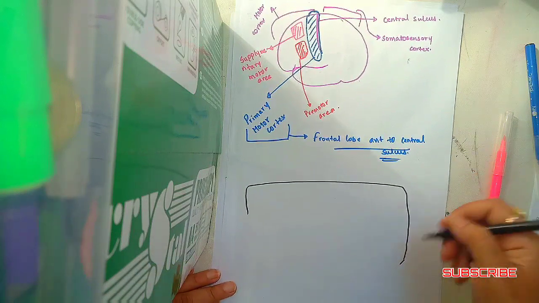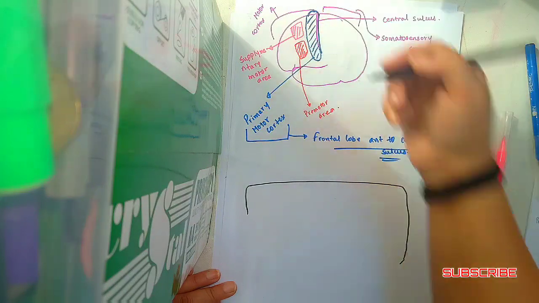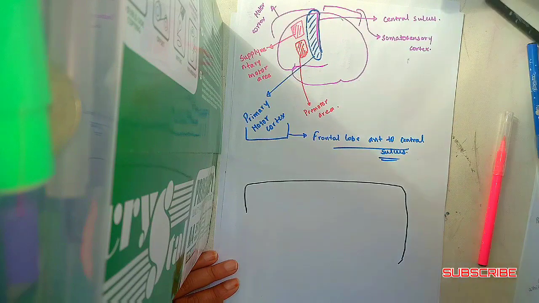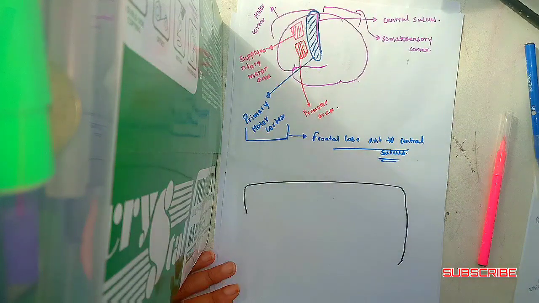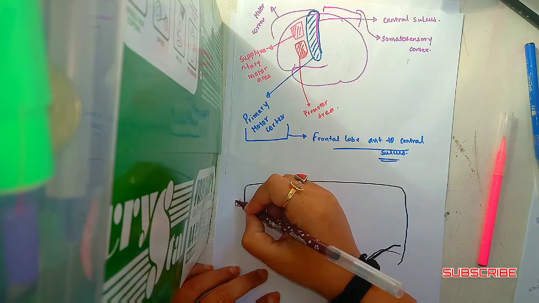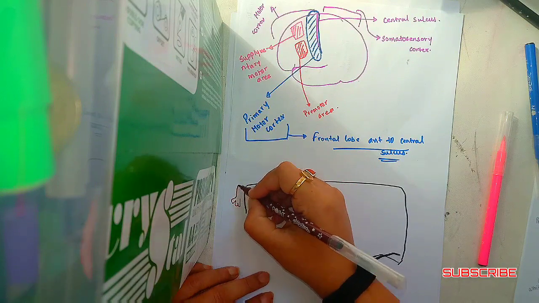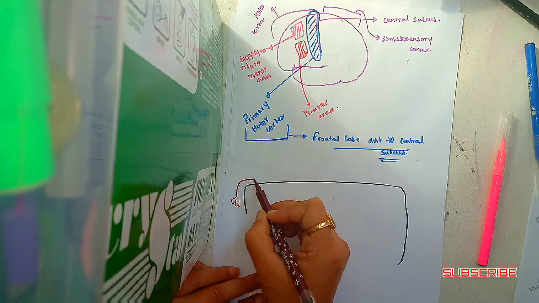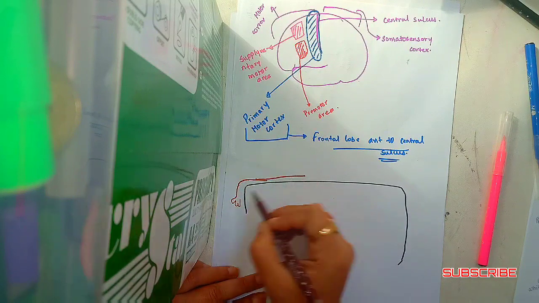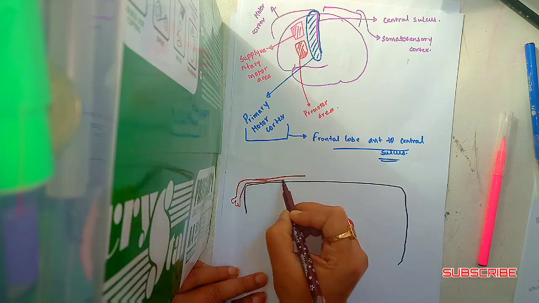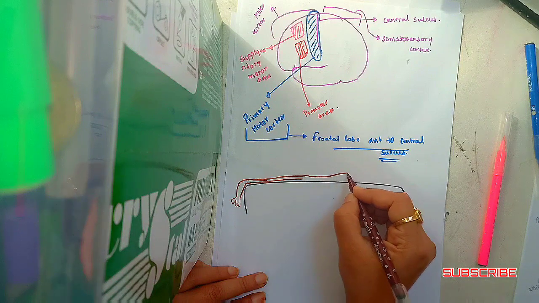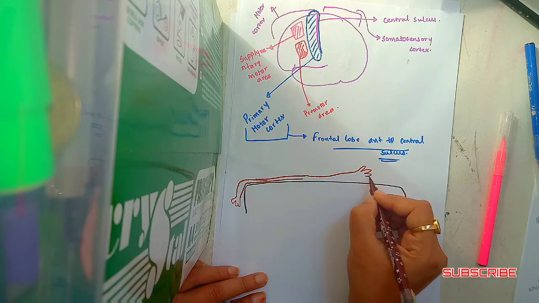This will be the medial part that goes beside. Here we draw like this: this is the foot, to the ankle, to the knee, to the hip, to the trunk, then after it goes the wrist, hand, then fingers.